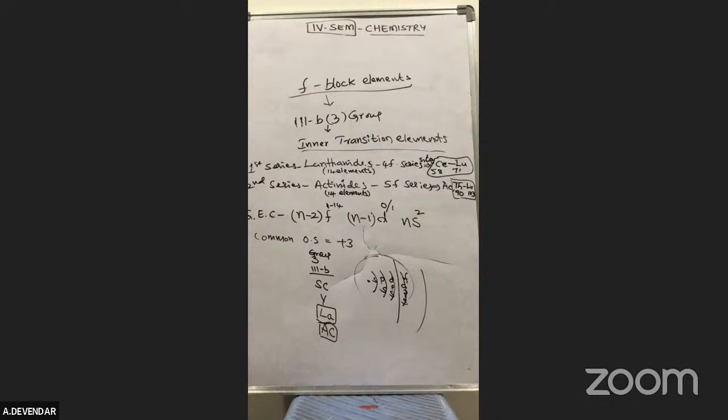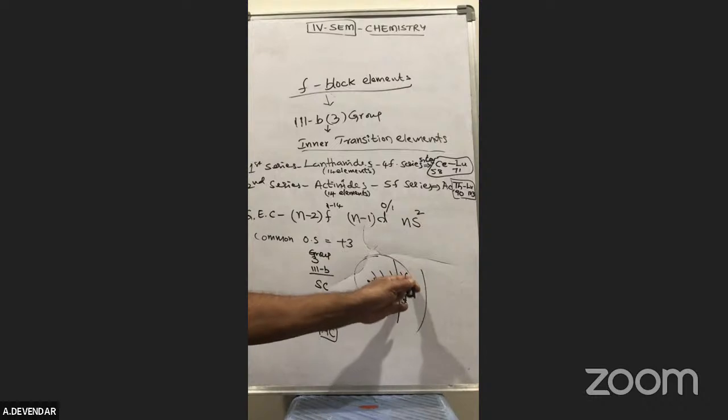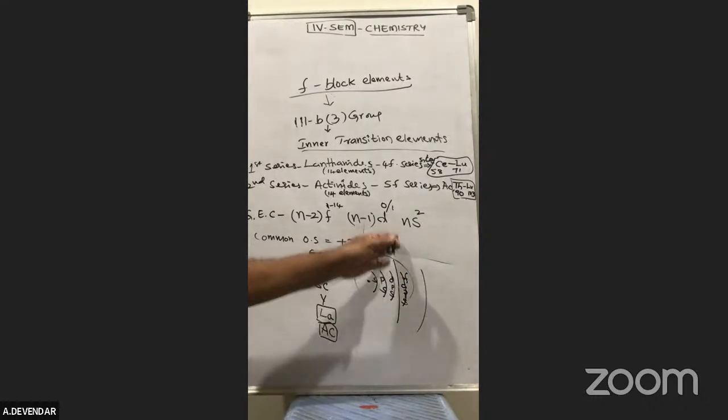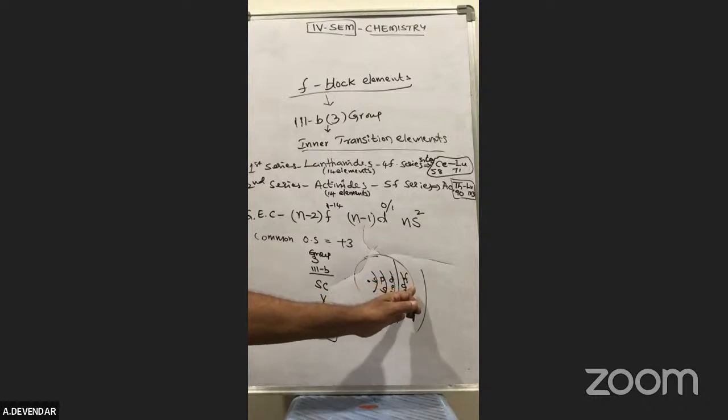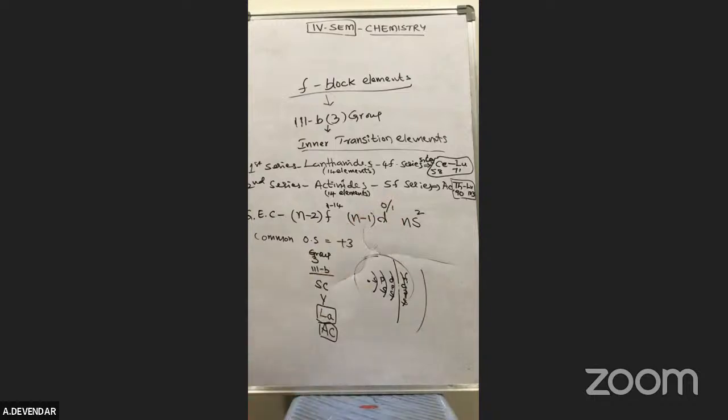Due to the shielding effect, the size decreases instead of increasing. Only inner orbital electrons are attracted towards the nucleus. The outer electrons are not attracted because a screen is formed between the 3d and 4d due to the 4f series entering. That you have to remember.